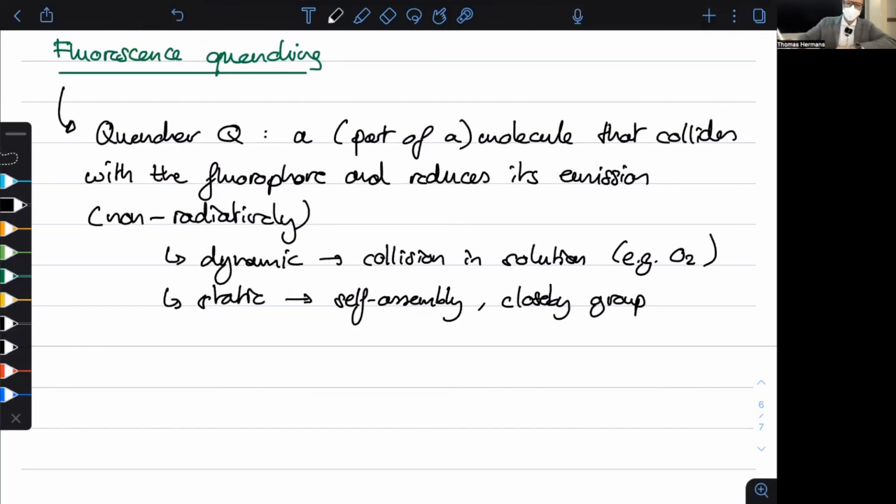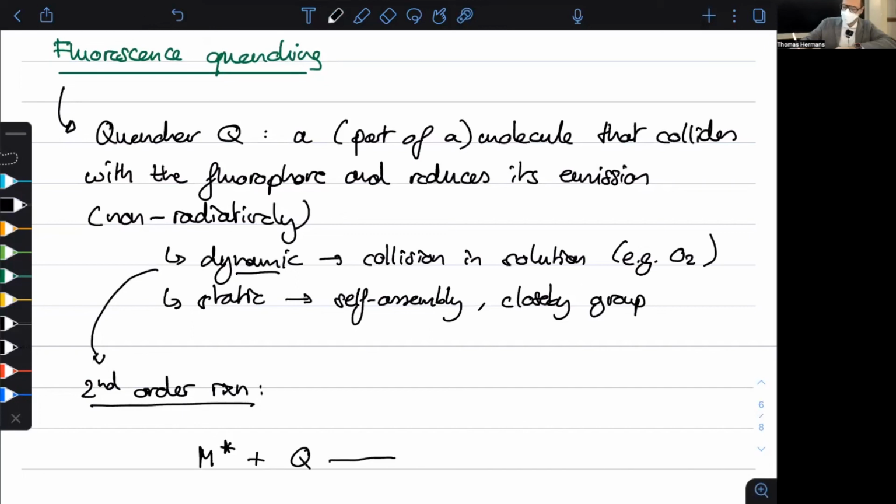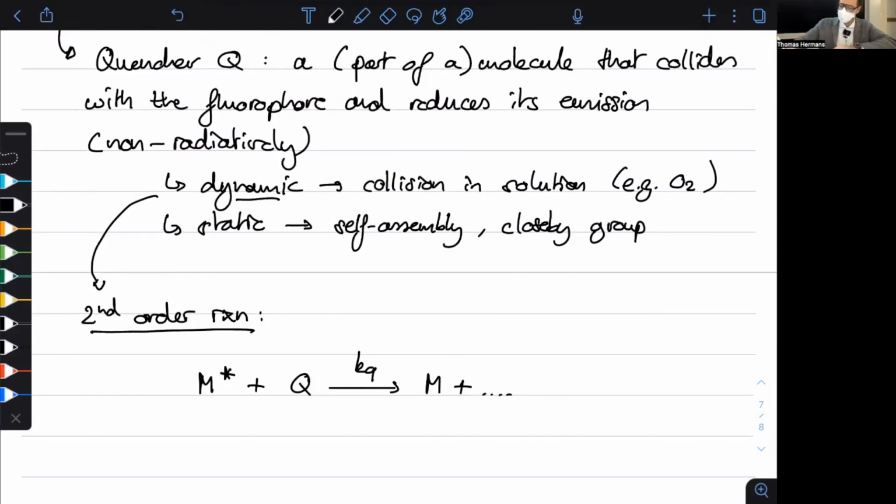So if we look at the first case, the dynamic case, then it's actually a second order reaction. Why? Because it's two molecules that need to meet, right? So I have my excited molecule plus my quencher, and with a certain rate, kq, that brings the molecule back to the ground state, and whatever happens to the quencher, which can be different things, but we won't discuss that now.